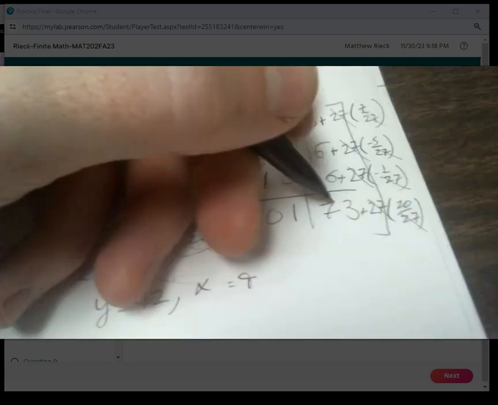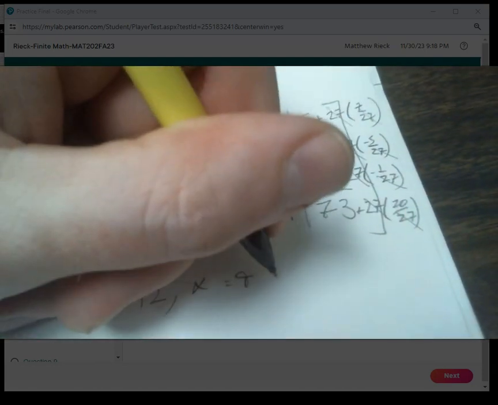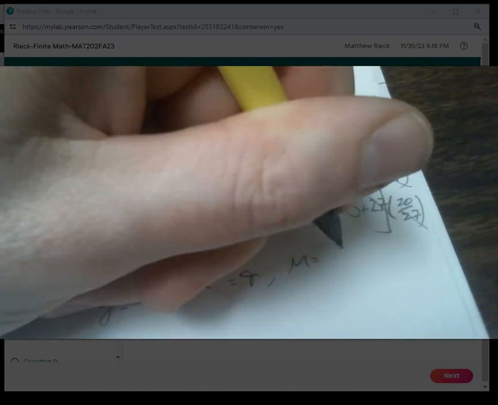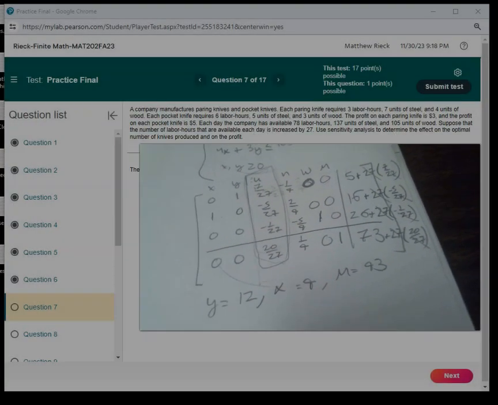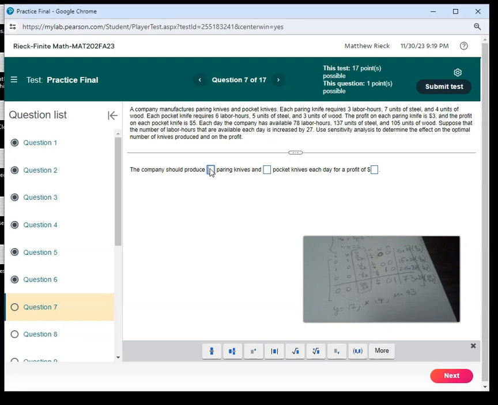The profit is going to be 73 plus 20, which is 93. So x represents my paring knives, that's 9. Pocket knives is my y, so that's 12. And the profit is going to turn into 93.